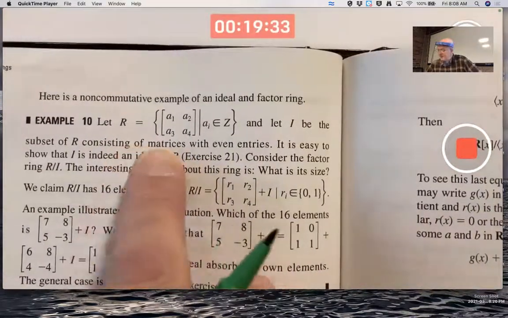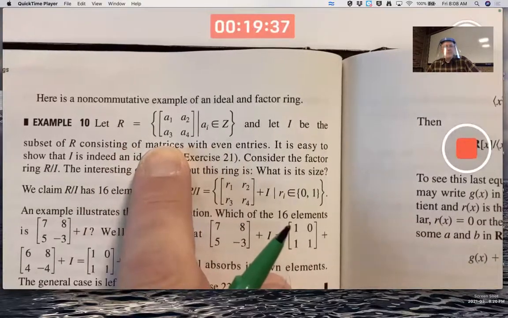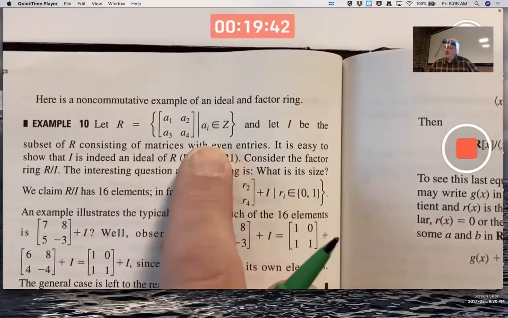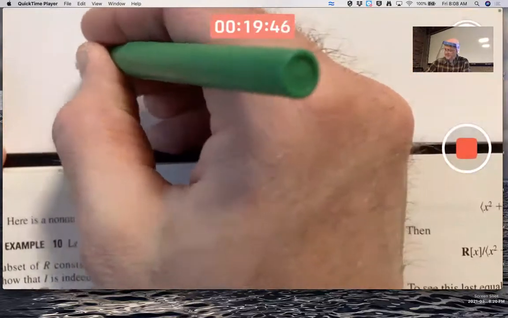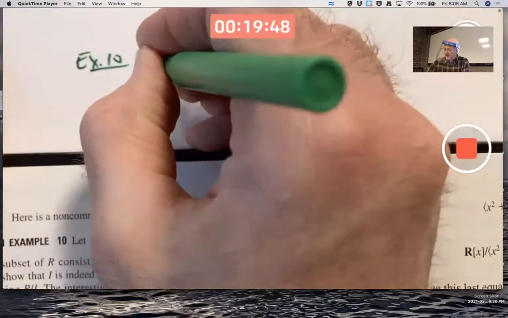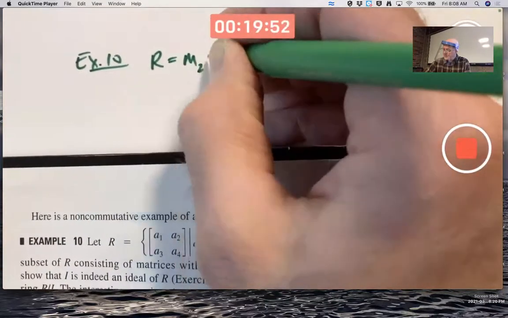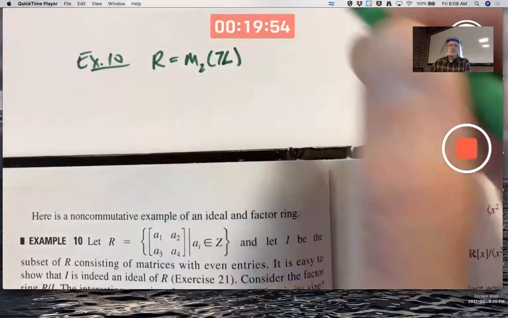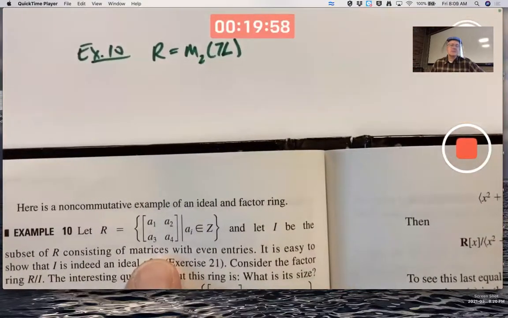All right, so here we have a matrix ring, R, 2x2 matrices with integer entries. Symbolically, in example 10, we could say that R is M2(Z). The 2 stands for 2x2 matrices. The Z stands for integer entries.